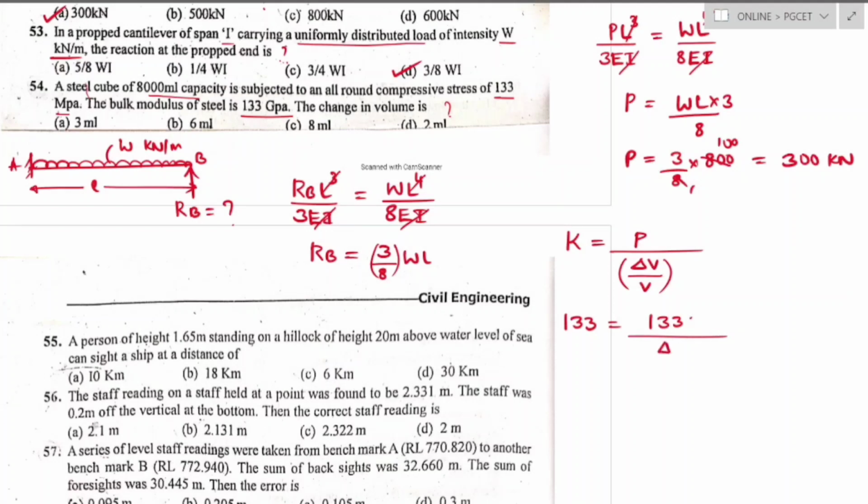The change in volume we have to find, and the original volume is 8000. Therefore, change in volume is equal to 133 multiplied by 8000 by 133 into 10 to the power of 3. Now you will get the change in volume as 8 ml. Option C will be the right answer.